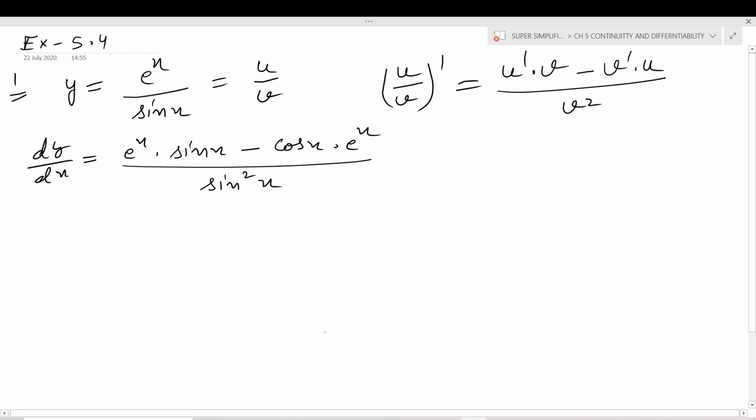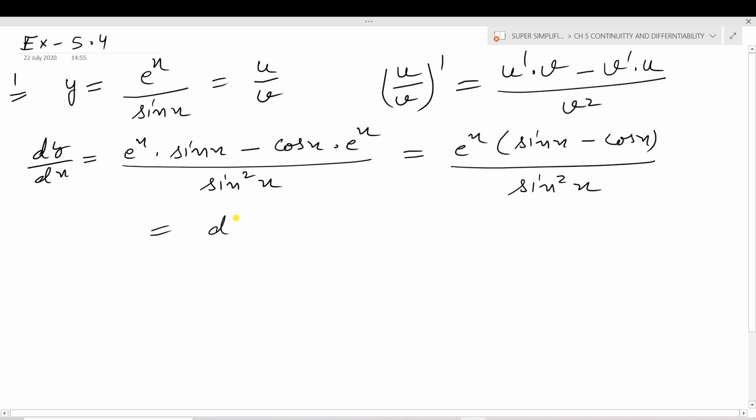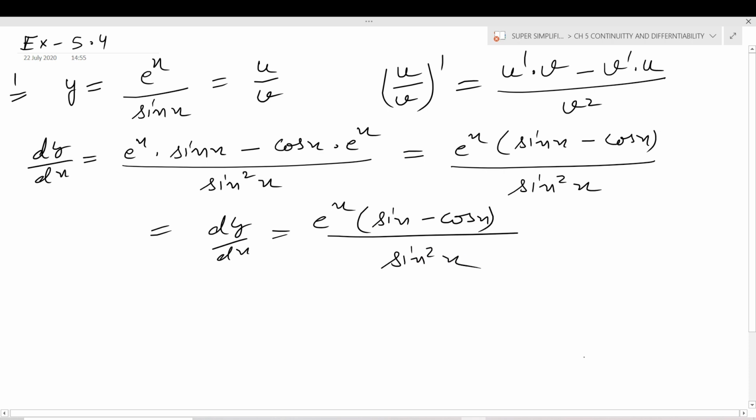Here you can take e^x common and you will have (sin x minus cos x) upon sin square x. So this is the required derivative of the function: e^x (sin x minus cos x) upon sin square x.